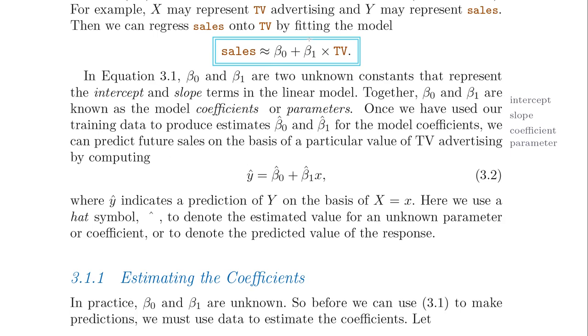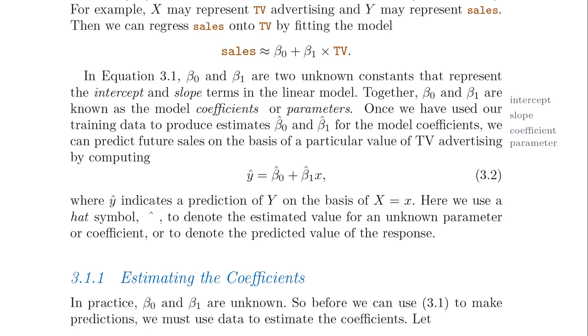Instead, we can only hope to come up with an estimate of beta naught and beta 1, which doesn't give you the exact Y. Notice there isn't a hat on X. You'll always know X, and you'll use it to predict Y. You'll feed it to the model, where Y hat indicates a prediction of Y on the basis of when variable X is equal to lowercase x.